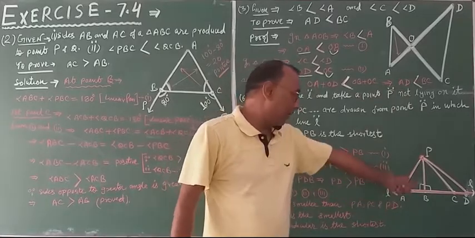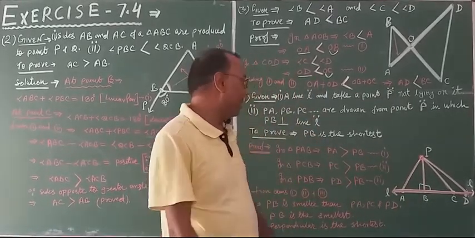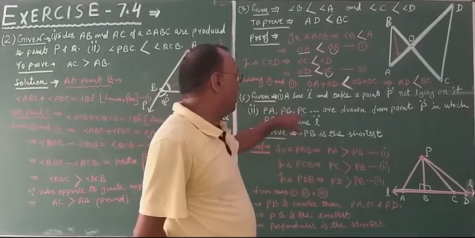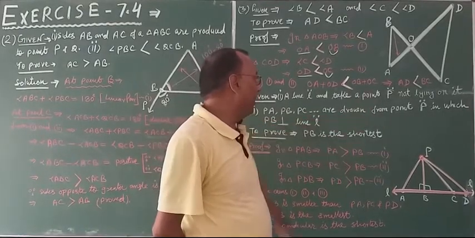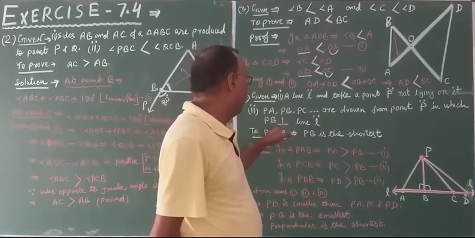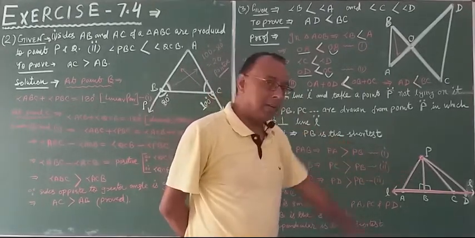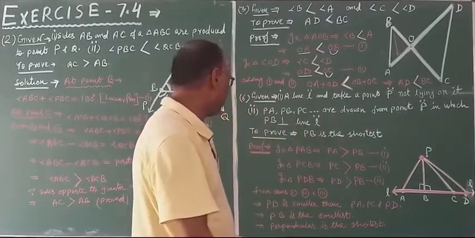Just look at the figure, 90 degrees here. PB is perpendicular to line L. So we have written here that PA, PB, PC and so on are drawn from point P in which PB is perpendicular to line L.